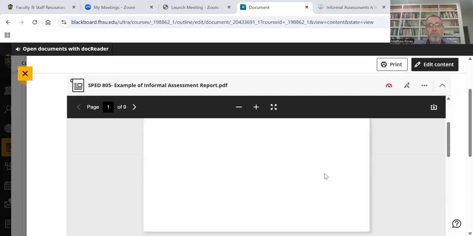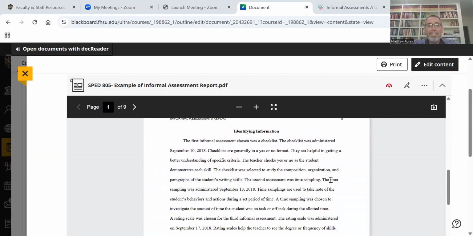You're going to see the cover page, the abstract. Then we're going to have our identifying information. This is where you're going to identify the type of informal assessment that you selected. We are asking you to select 3 or come up with 3 to give to your case study student.